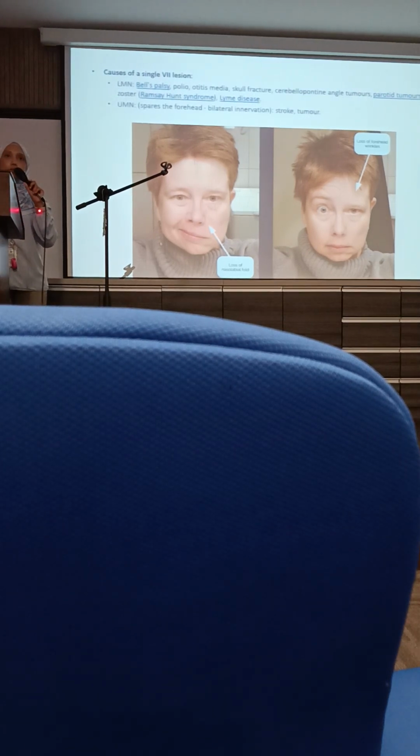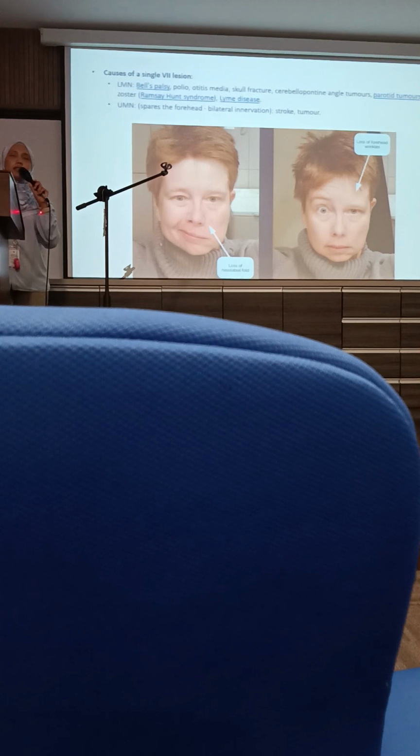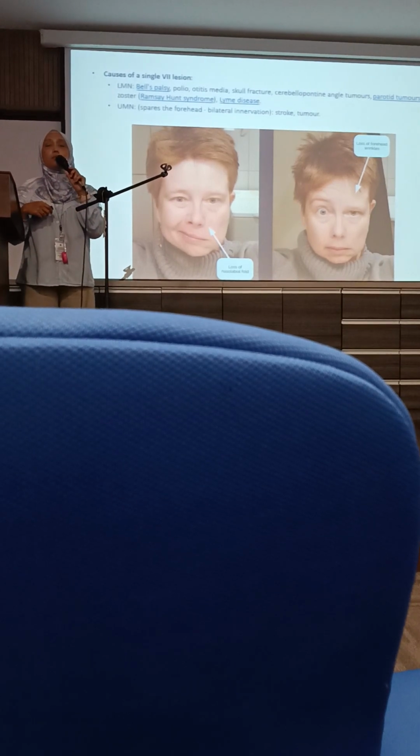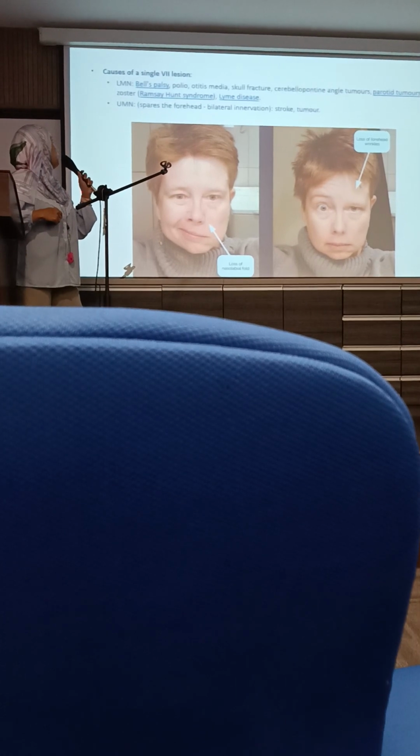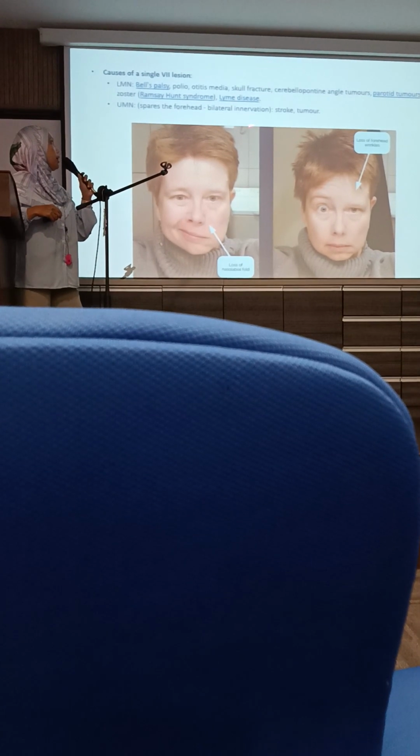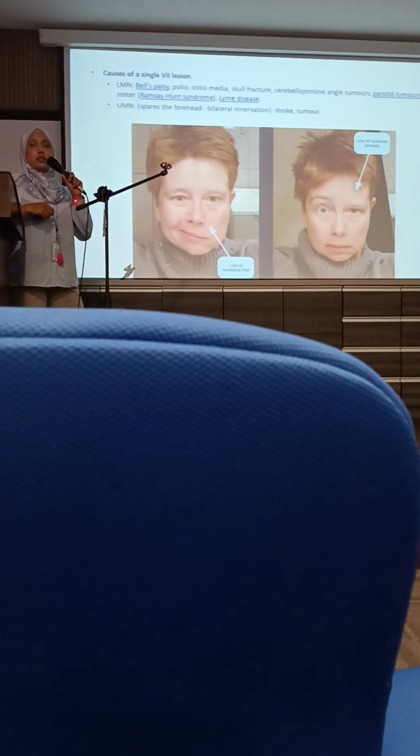So for the facial nerve, determine whether it is an upper motor neuron lesion or a lower motor neuron lesion. How do you differentiate? Upper motor neuron lesion will spare the forehead. This is the determinant, because the pathologies of upper motor neuron lesion and lower motor neuron lesion are different.